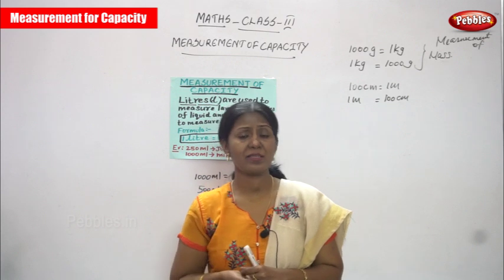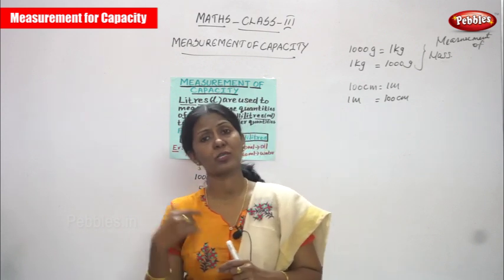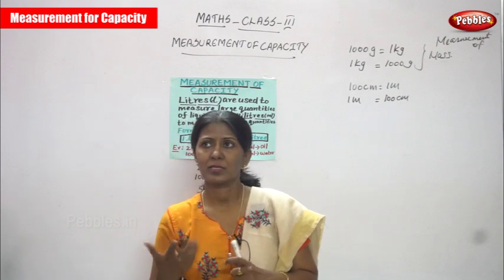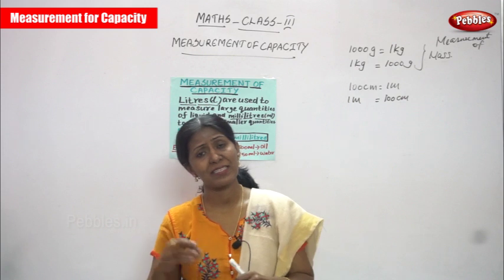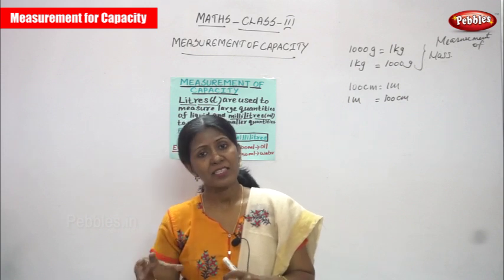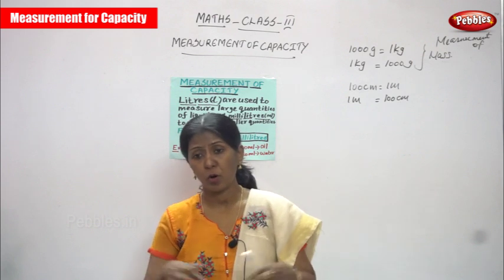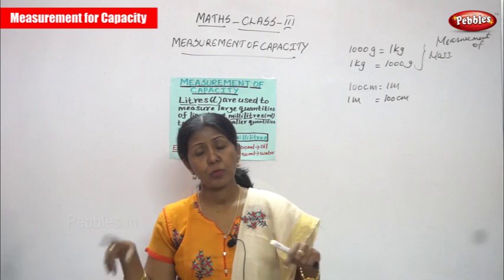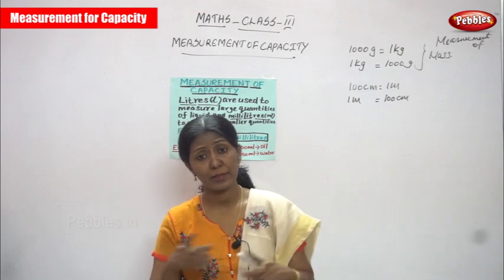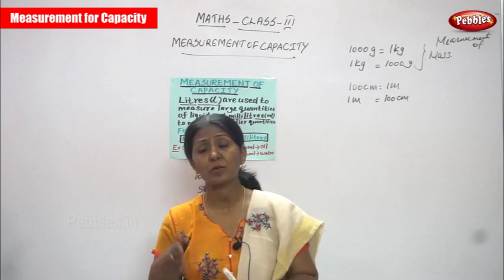Centimeter is for measuring crayons, a spoon, a pencil, a scale. Meter is for, for example, the length of the door, the hall, the TV, the blackboard, the whiteboard, the table. All this comes under middle length or greater length.